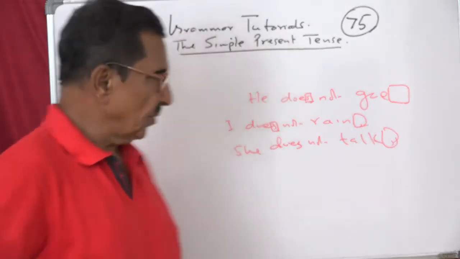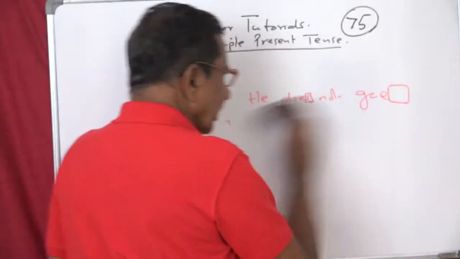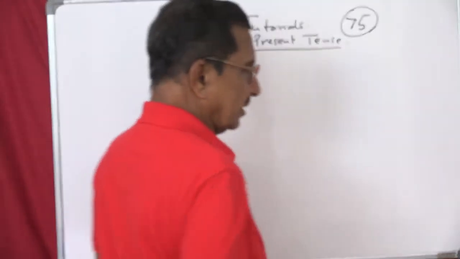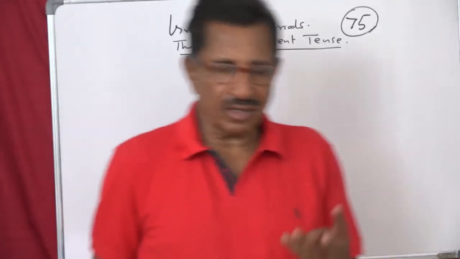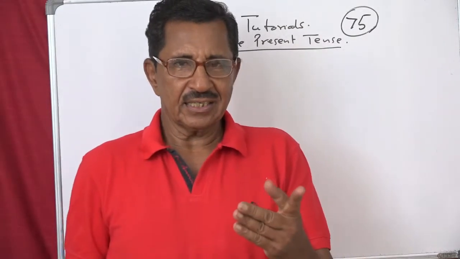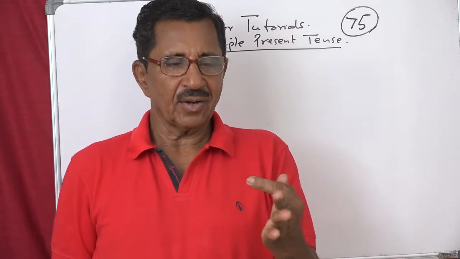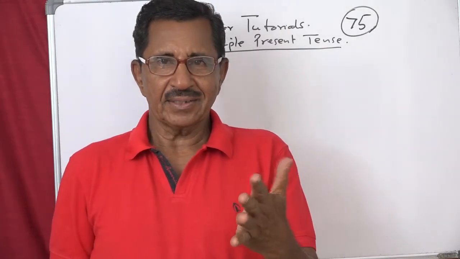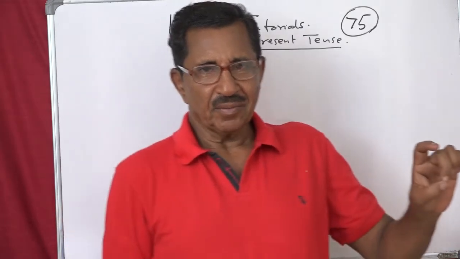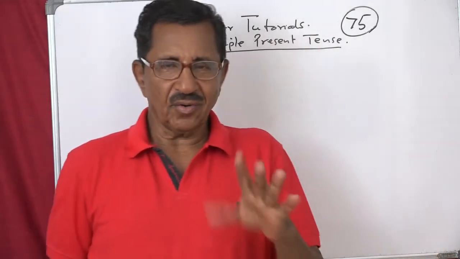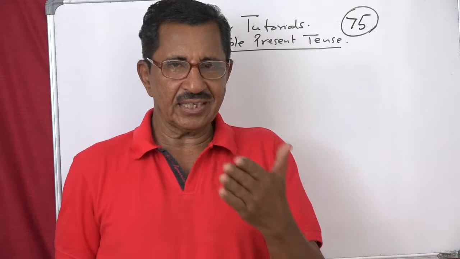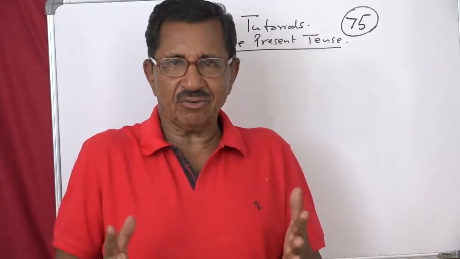Understand? So what you should do is take 10 simple verbs like work, talk, eat, drink, sing, dance, jump, run, go, come. And then first you make positive sentences. You know what is positive and negative? Already we have seen that. Positive means a yes situation.